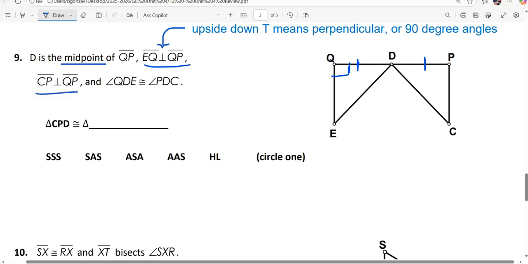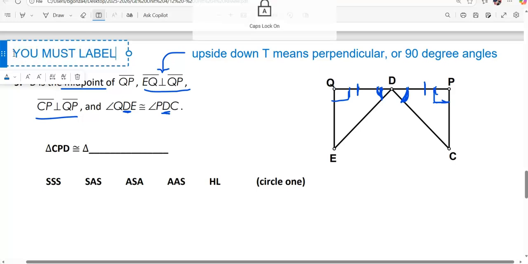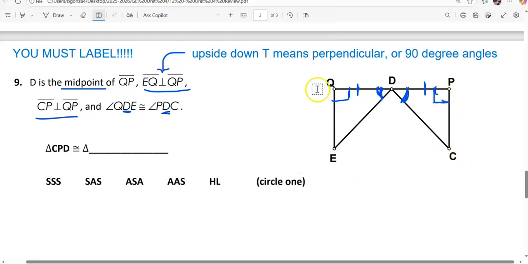And then same thing with CP and QP, 90-degree angles.